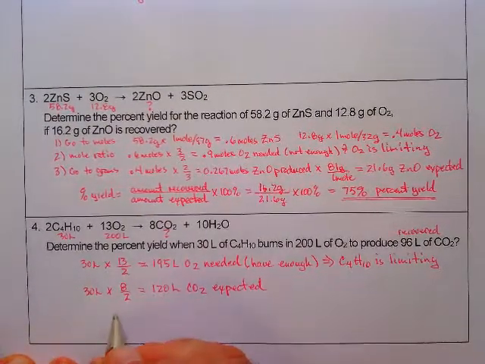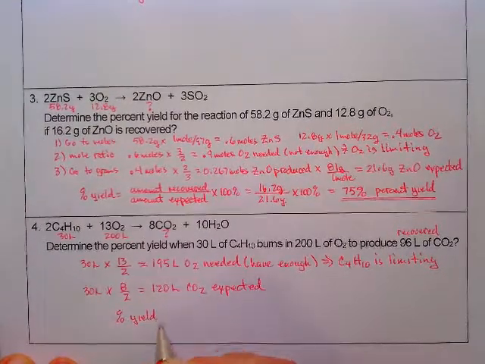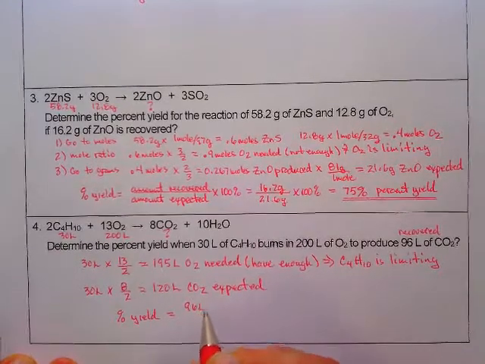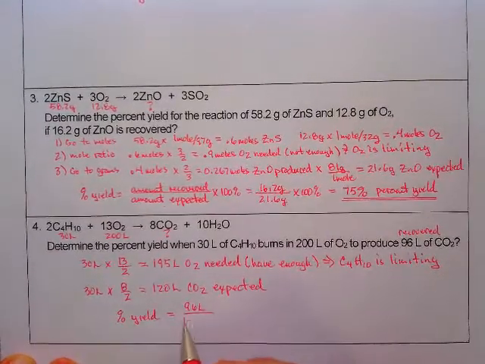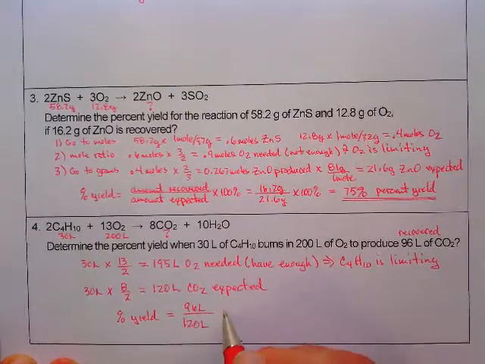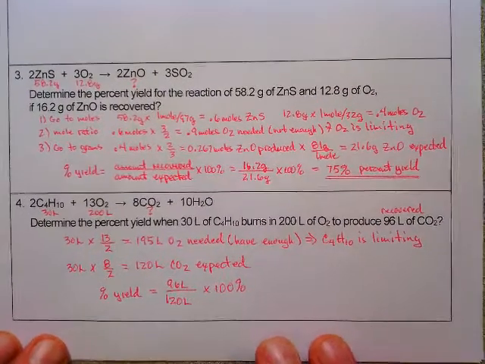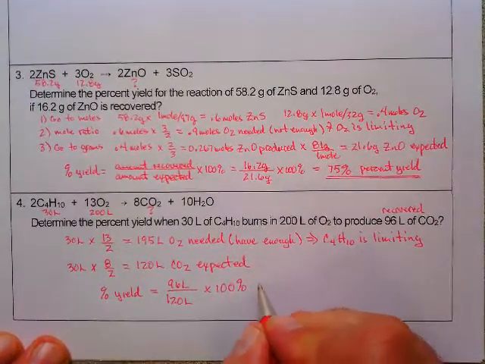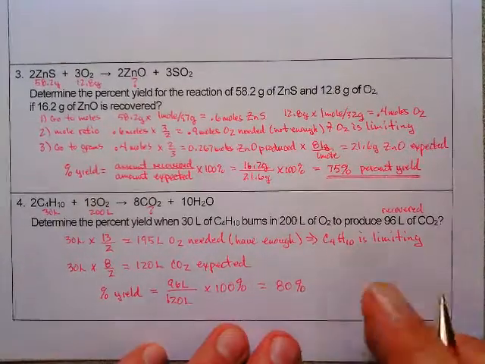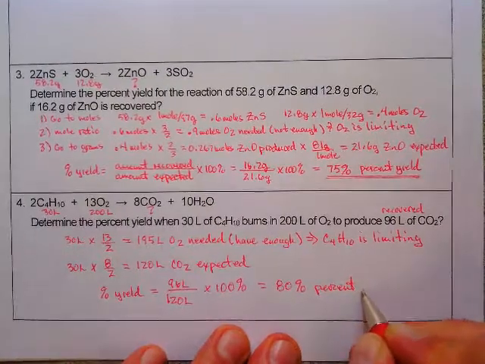So, in this case, my percent yield is going to be the 96 liters over the 120 that was expected, and then times 100%. And that comes out to an 80% yield.